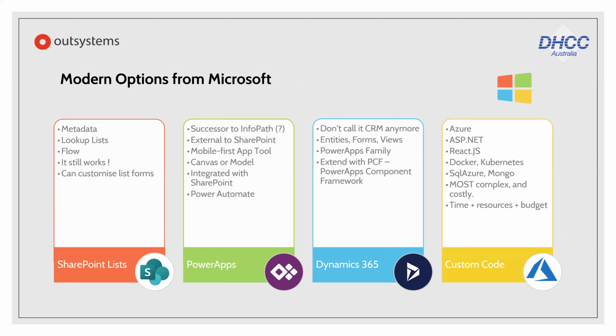So if we think about the requirements that we have for tools, these are the options. If we were to ignore all third parties, all other players, and just say, right, we're just taking Microsoft tools, these are what we've got today. So we could build out an application, a forms and workflow kind of solution, with SharePoint lists.